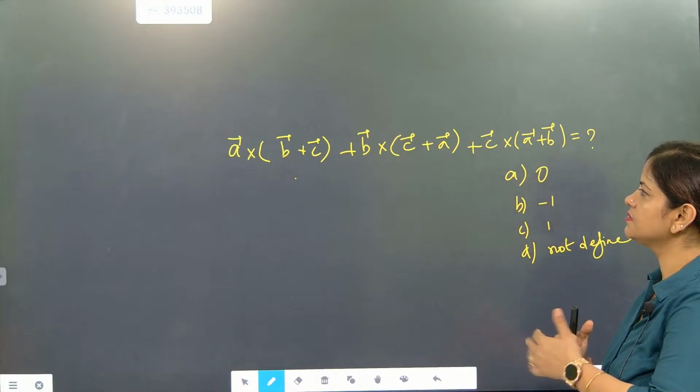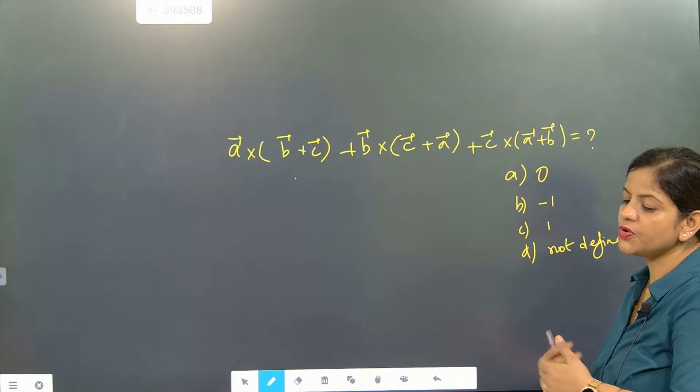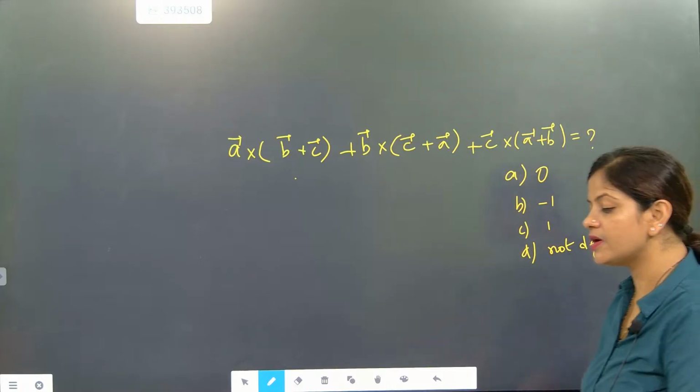Try this question. Because it is a vector cross product, if we reverse the order, it will become minus.